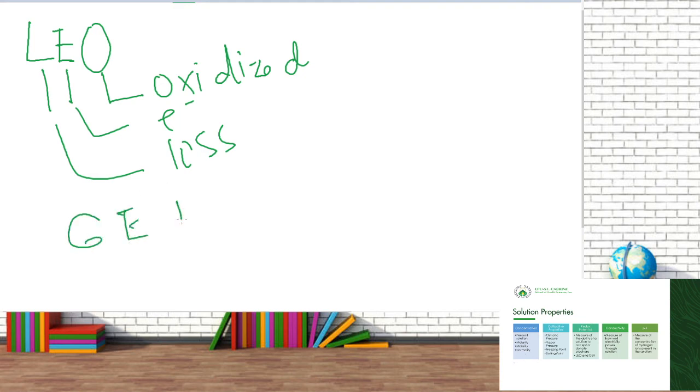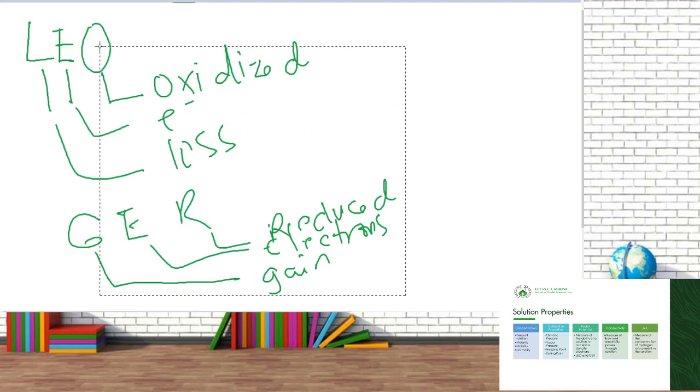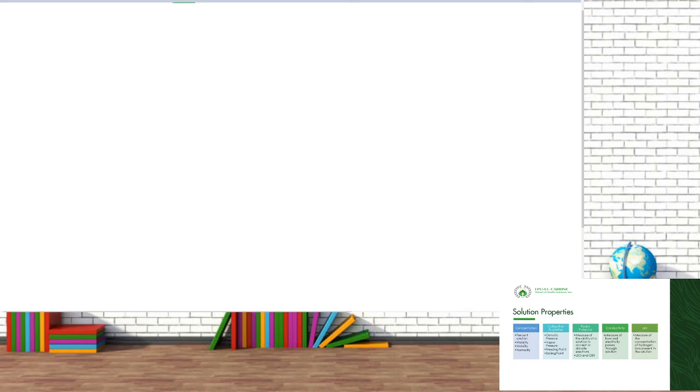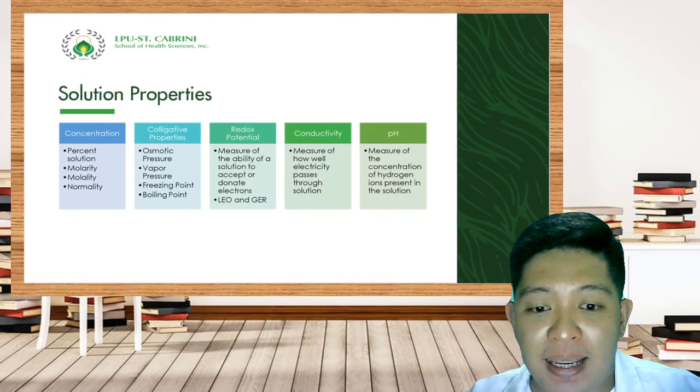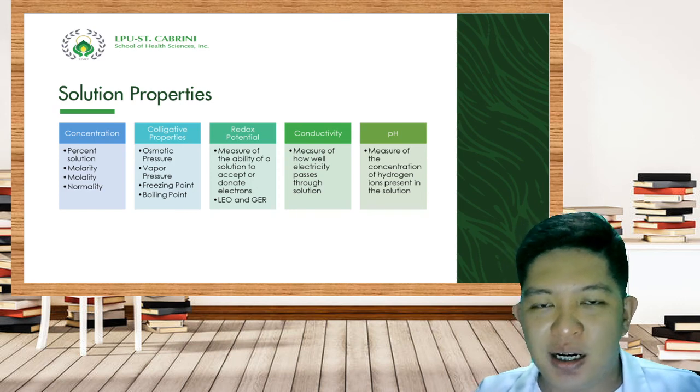Gain electrons, reduced. Okay, I will not discuss this further because I am sure you are aware of this from your analytical chemistry. Diniscuss na po ito sa inyo. Kaya hindi ko na siya masyadong patatagalin pa. Okay? Tandaan mo na lang: LEO, lose electrons, oxidize. GER, gain electrons, reduced.